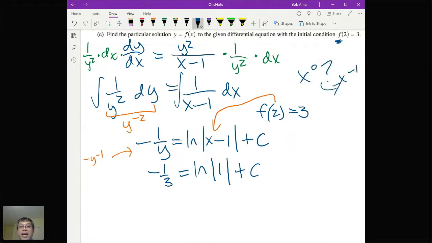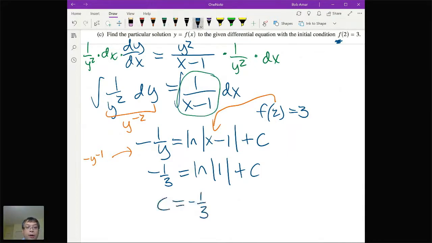That doesn't really work because x to the 0 is actually 1 in general. It's a constant, unless x is 0. But that's a story for another stream, right? So x minus 1 to the negative 1 is what this part really is, but the power rule doesn't work. We have to use ln to find its antiderivative. And so in this case, c is negative 1/3.